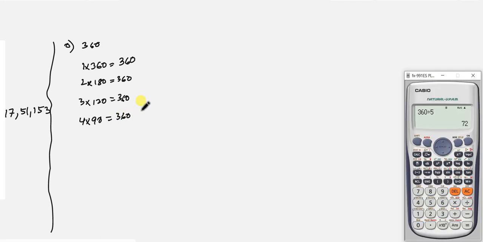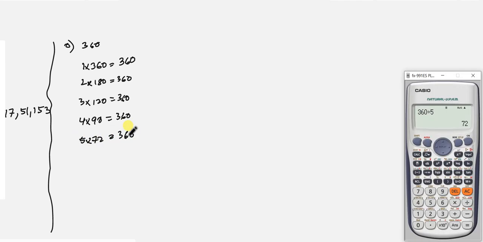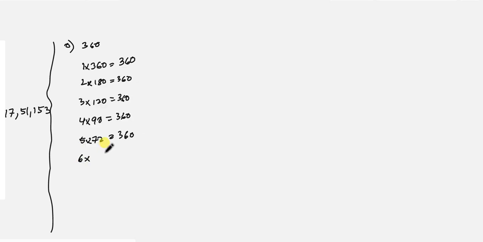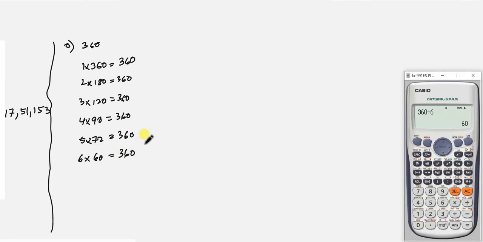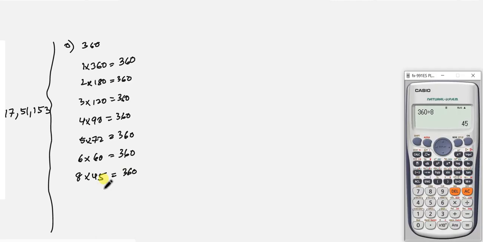360 divided by 5: 5 times 72 is equal to 360. 360 divided by 6: 6 times 60 is equal to 360. 360 divided by 7, no. 360 divided by 8: 8 times 45 is equal to 360.